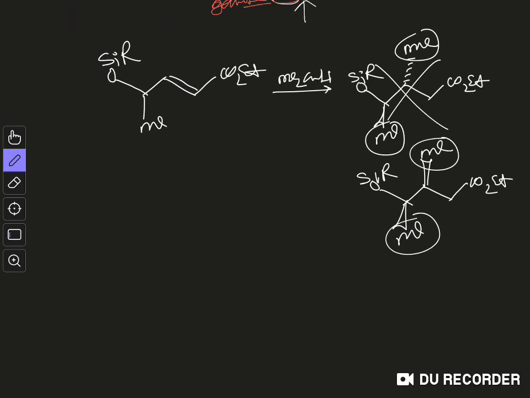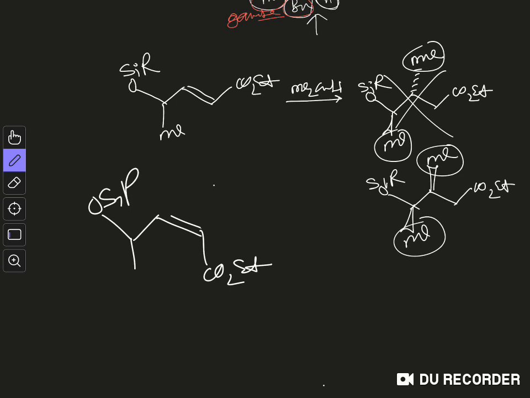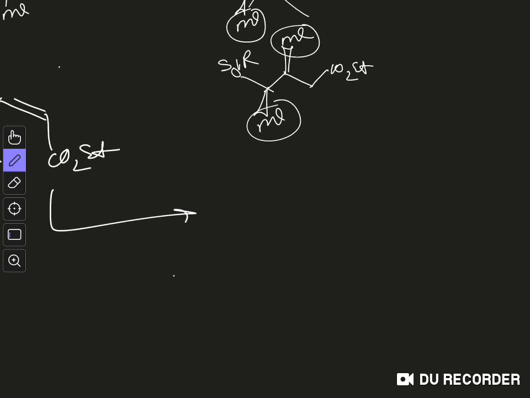And interestingly, when we have the cis isomer, this one, OSiR, and here methyl, we get the other one.